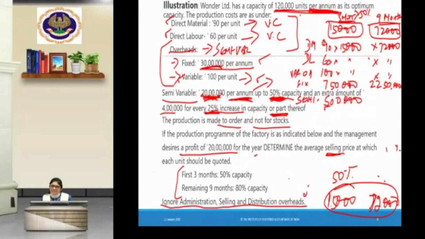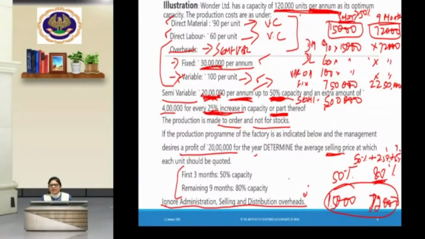For the next 9 months, the capacity is 80%. 80% means first 50% plus next 25% plus a part thereof, 5%. All right, that makes 80%.